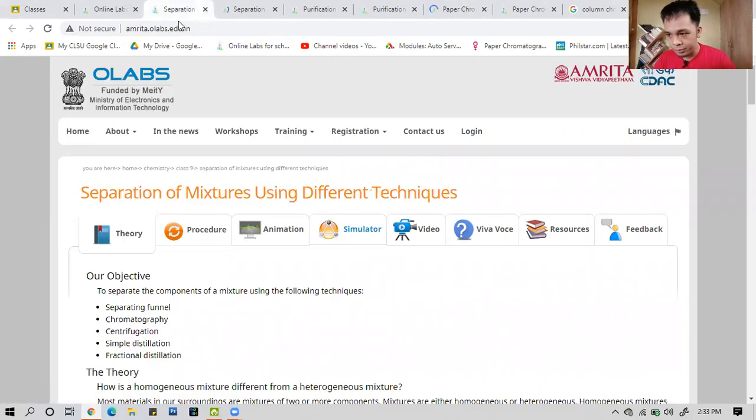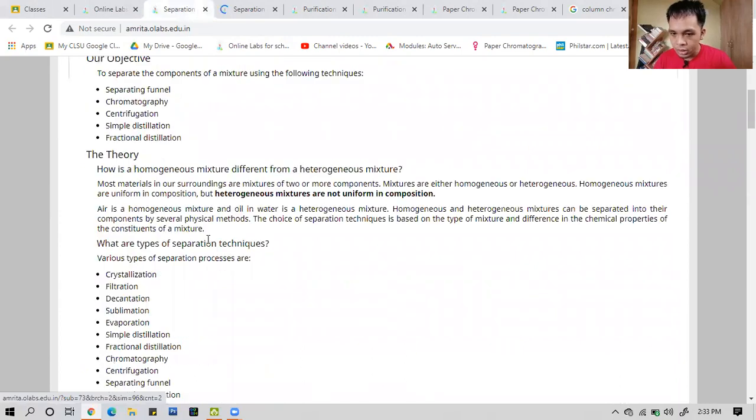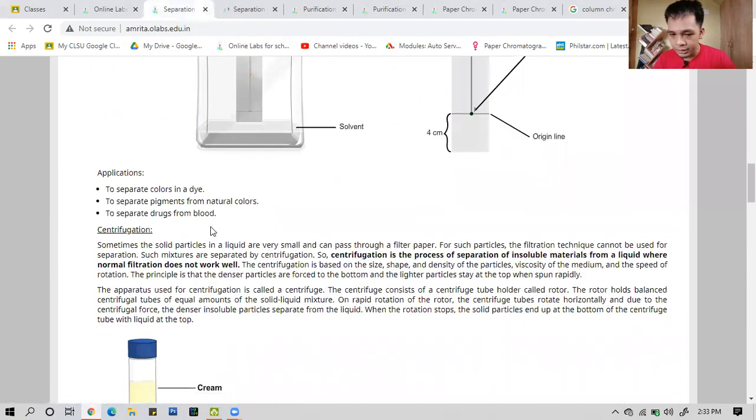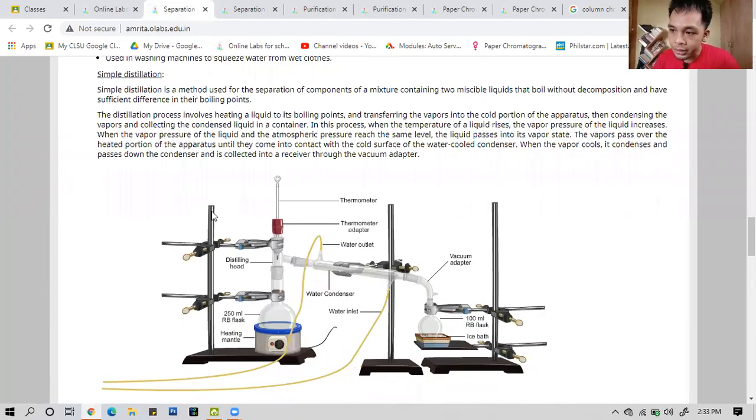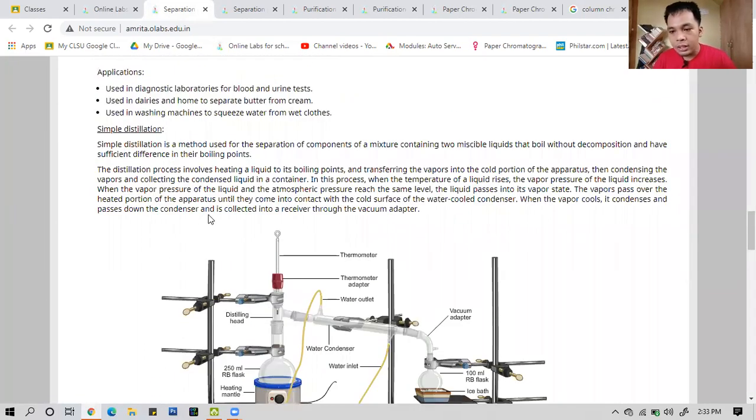Okay, let's go to the first part of our discussion, which is simple distillation. Simple distillation, guys, usually separates a mixture of two miscible liquids without decomposition. What it does is convert the liquids. Let's say, for example, in our experiment, we have ethanol and water.